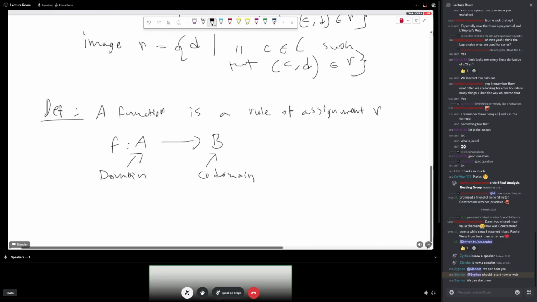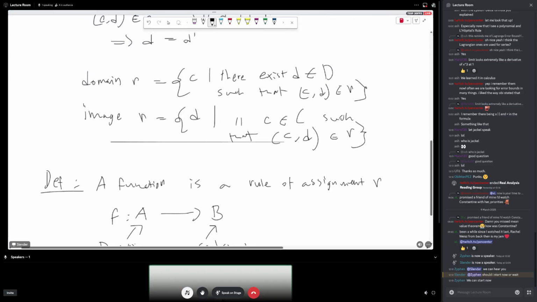The codomain is not actually the image set, but the image of the function is given by this.